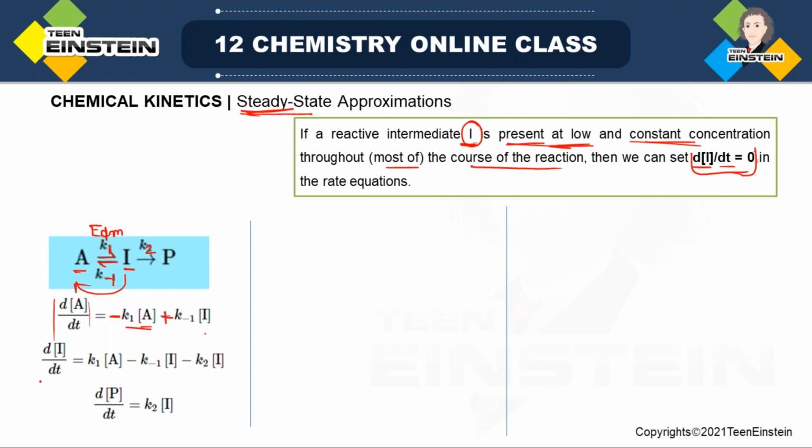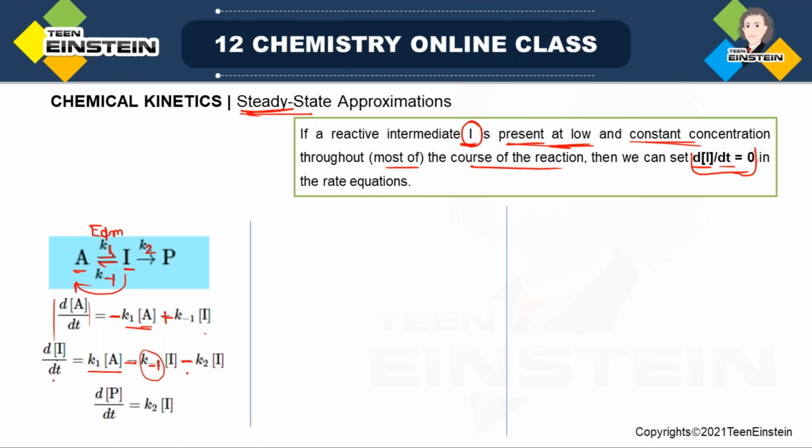Similarly, for dI/dt, the rate of change of I with respect to t, it will be equal to K1A, because rate constant K1 is for the formation of I, then minus K inverse 1 I. Why? Because rate constant K inverse 1 is for the consumption of I back to A, that is, it will form A again.